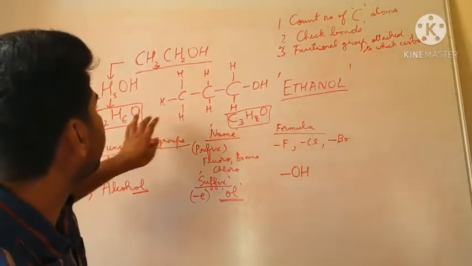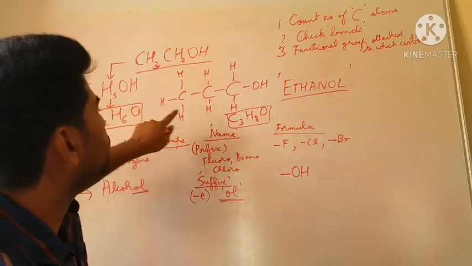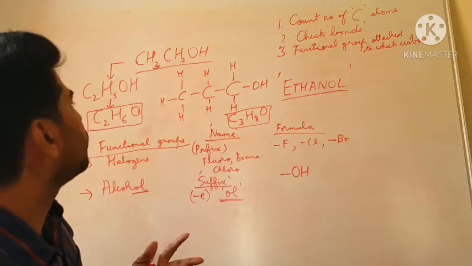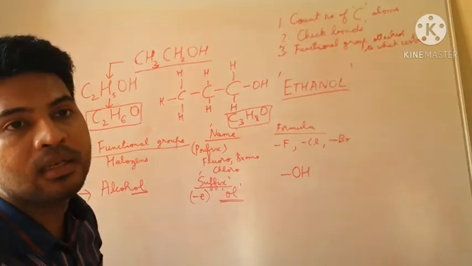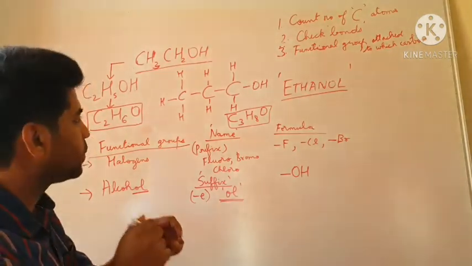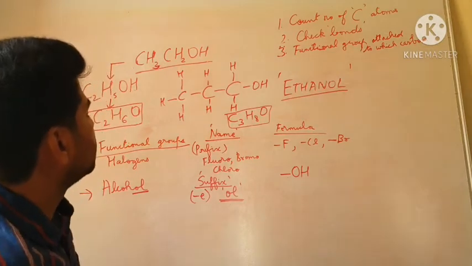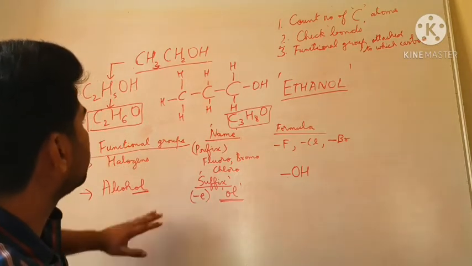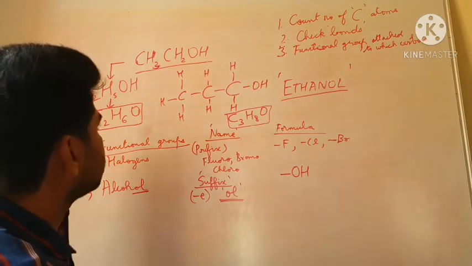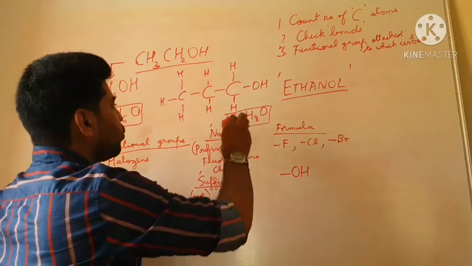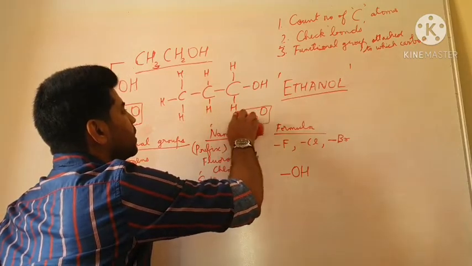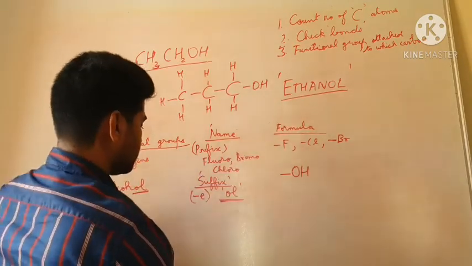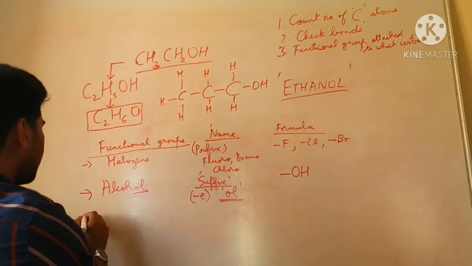So this is what you would find. Ethanol is C2H6O, propanol is C3H8O, butanol would be C4H10O, and so on and so forth. So that is the functional group alcohol attached. Let us move on with the next functional group in today's discussion, that is the aldehyde group.